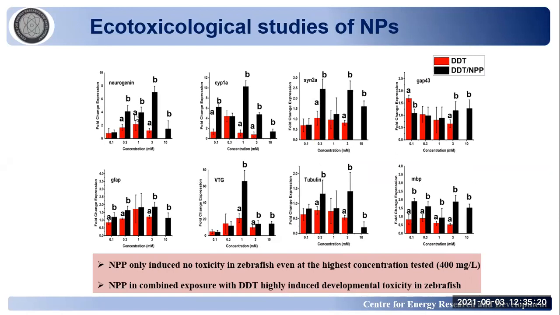And if you look at all these figures, they look very similar. And the implication is that just as we have seen in other studies, in the presence of MPP, DDT induced more of these genes, which shows higher toxicity of DDT in the presence of nanoplastic to zebrafish larvae.